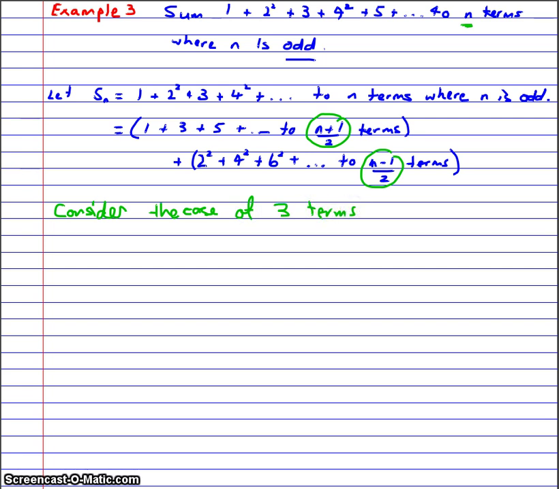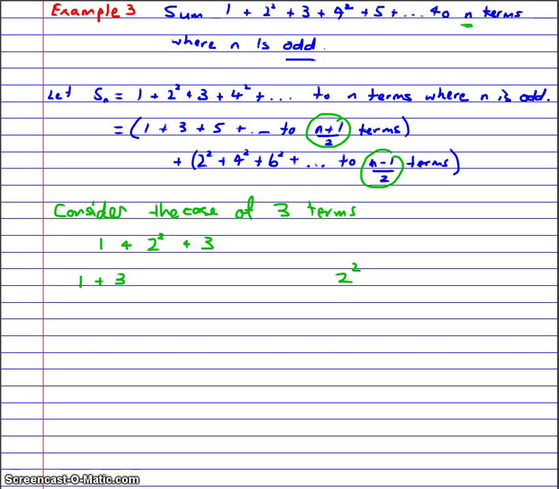What do we have? For 3 terms in the original sequence, we have 1 plus 2 squared plus 3. Now, if we divide that into the 2 separate series, we have 1 plus 3 and 2 squared.